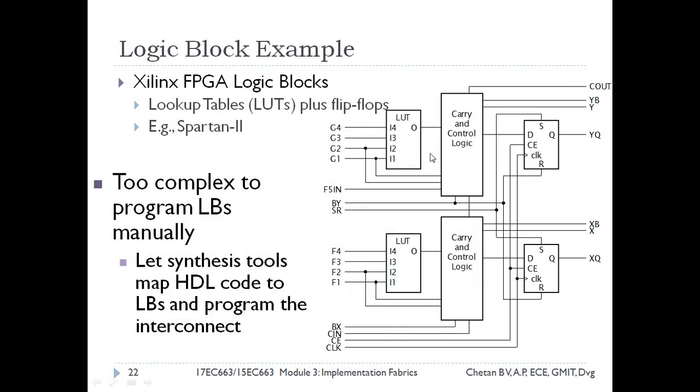This is the structure or architecture of a typical logic block. This is the architecture of the logic block of Spartan 2. So this is a single slice. In this slice we have two parts. In each part we have something called a lookup table. A lookup table is nothing but an asynchronous RAM with locations that are 1 bit wide.